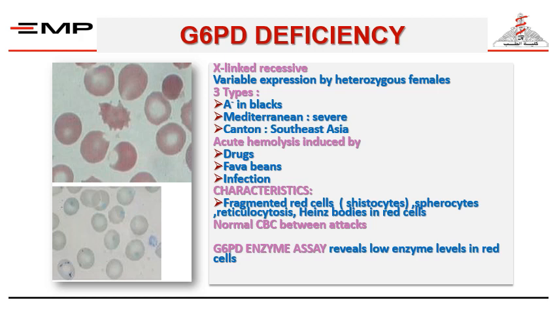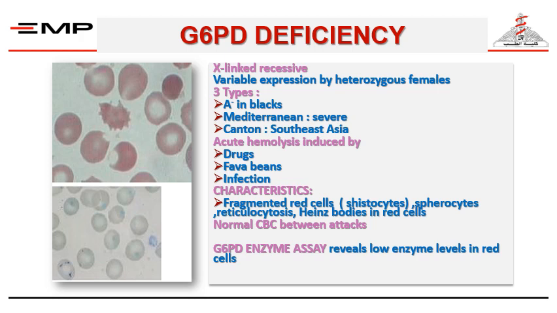But the A- and the Mediterranean types cause acute hemolysis induced by drugs, ingestion of fava beans, or by infection. During the attacks of acute hemolysis, they are characterized by the presence of fragmented red cells in the peripheral blood, spherocytes, increased reticulocyte count, and what we call Heinz bodies in the red cells.